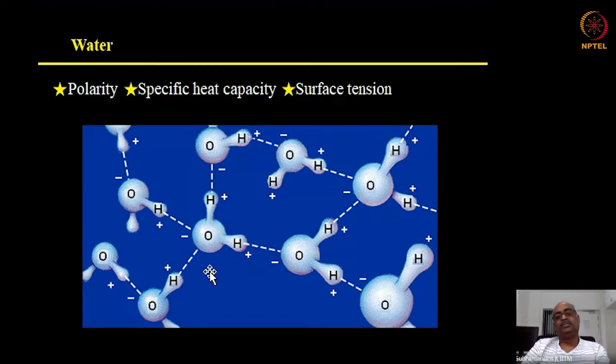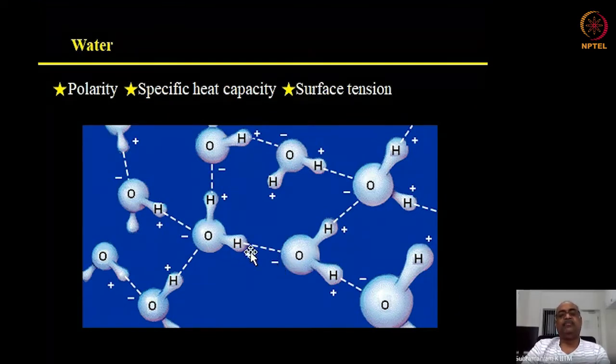Okay, so when you have that kind of polarity in a molecule, then this partial positive charge can interact with another molecule that has a partial negative charge, which is, in this case, nearby another water molecule's oxygen.